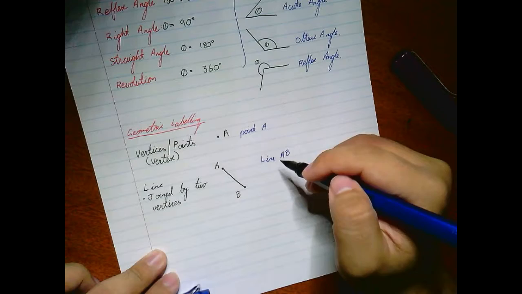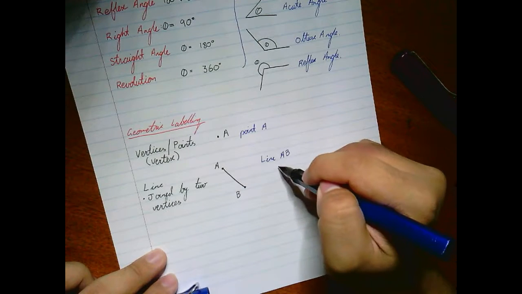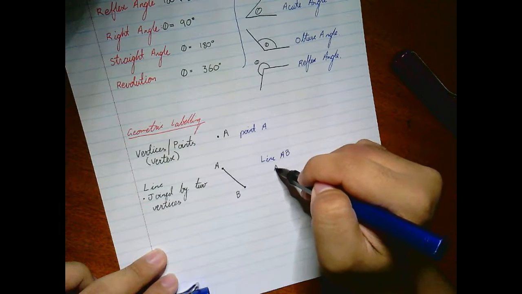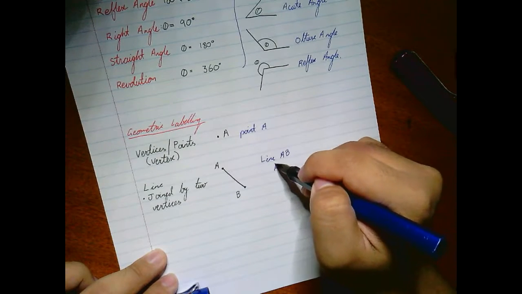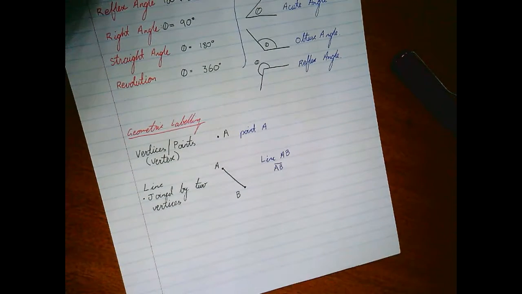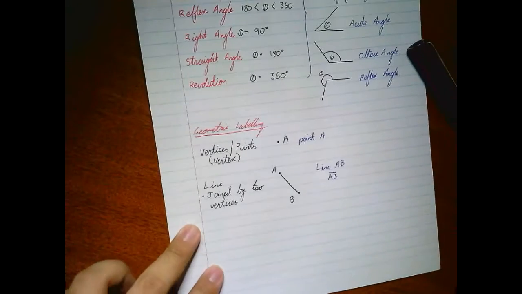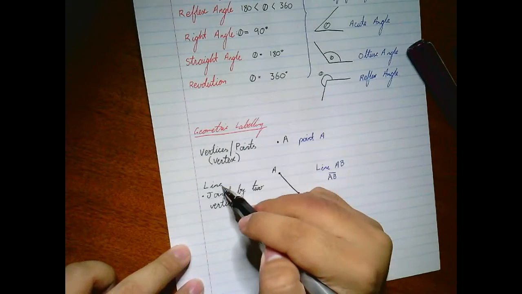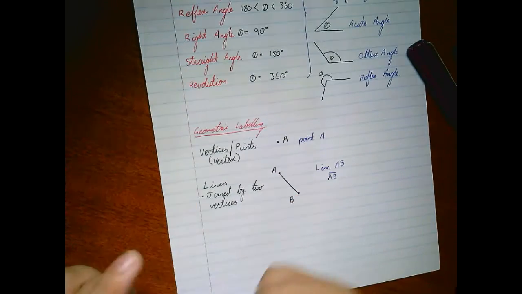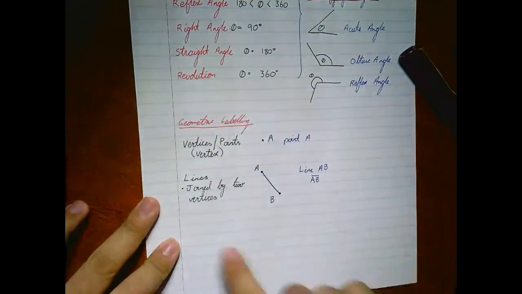Some mathematicians may label it as A, B with a bar on top. So that's line AB. So not line, that's lines.